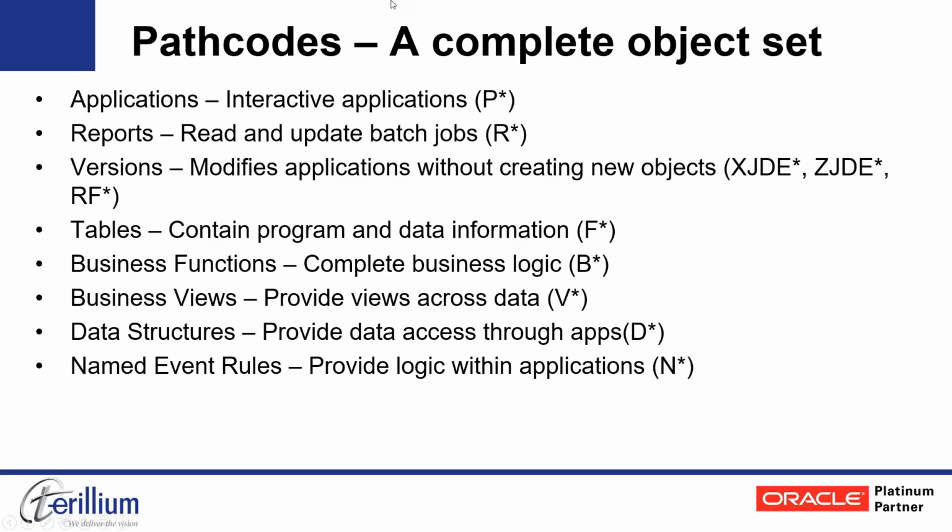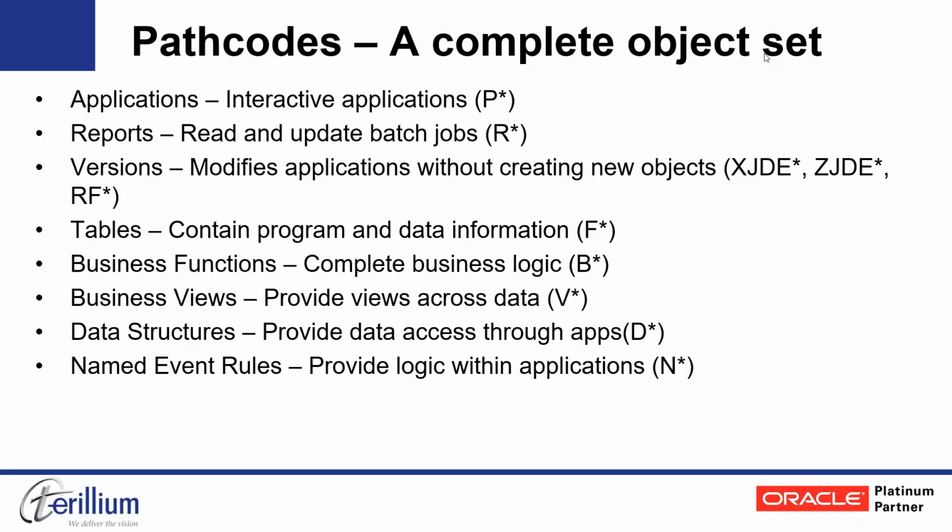So everything basically starts at the path code and object level. An object within JD Edwards, we have several different types listed below. We basically have our applications. These are the interactive systems that people sign into and make changes, your address books, your sales order entry, your inventory management.